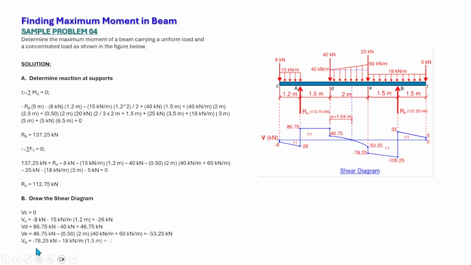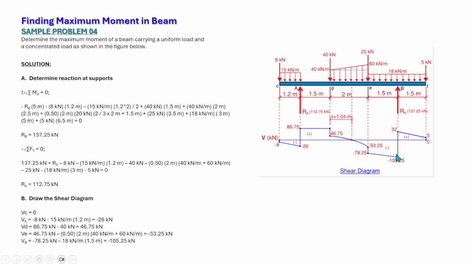So the shear at point B is negative 78.25 minus the load between A and B. So that is a uniform load. So negative 18 times 1.5, that is equal to negative 105.25.